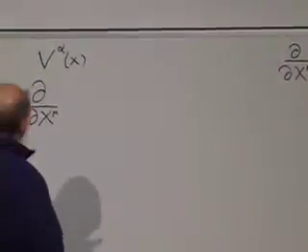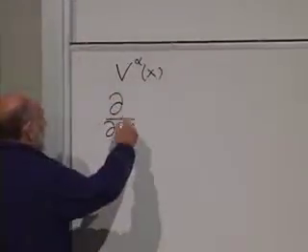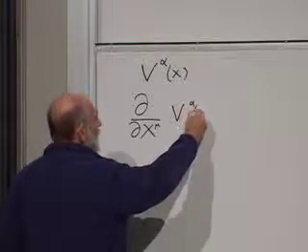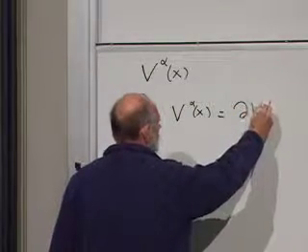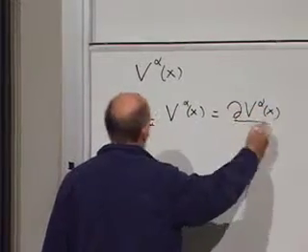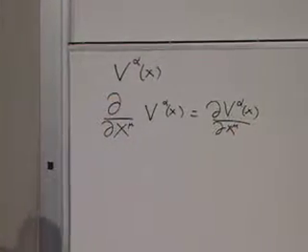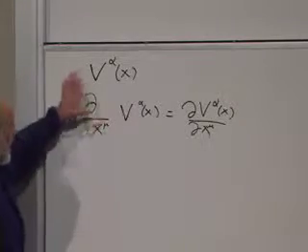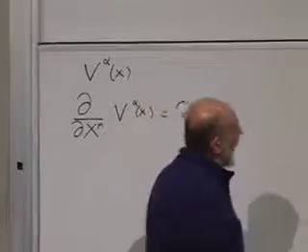So if we apply this operator, or allow it to act on V alpha, all it really means is the derivative of V alpha of x with respect to x mu. That's all it means. Hit the object with the operator and just do it. So derivative with respect to x is an operator.